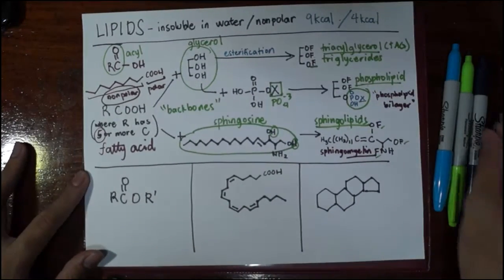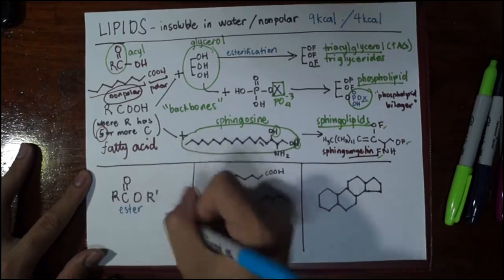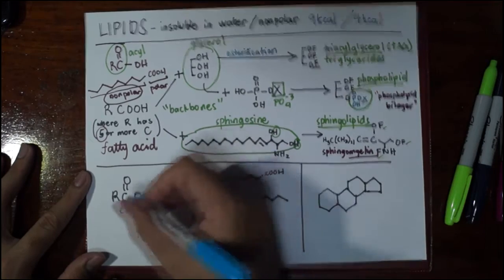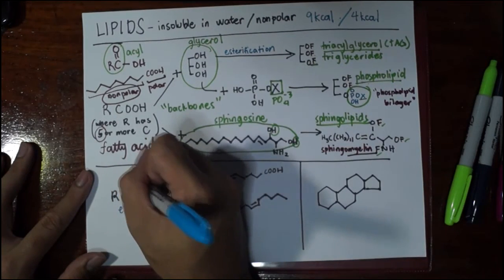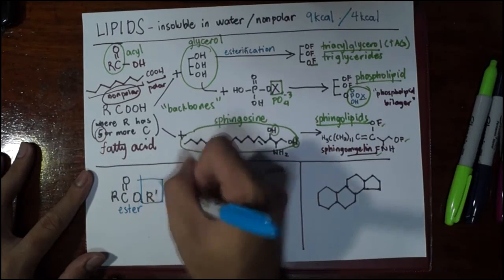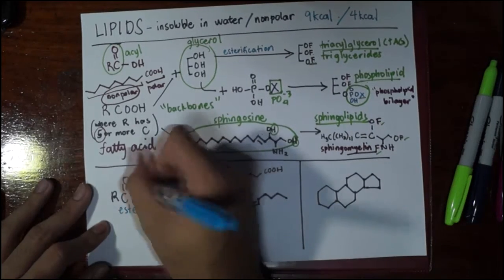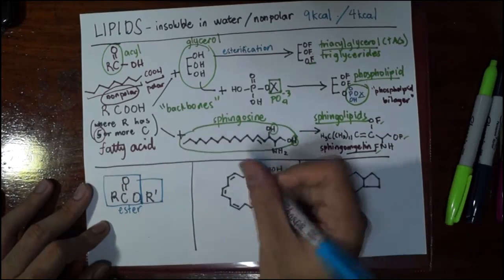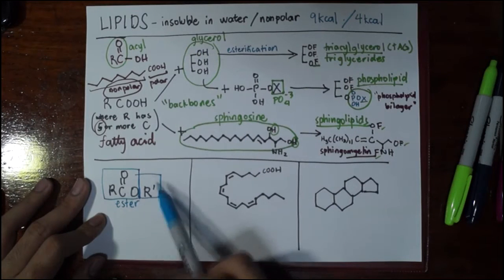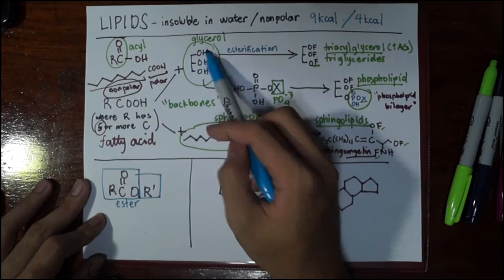Now this one, we know that this is the general formula of an ester, RCOOR prime, and if the ester we have here is a combination of a very long chain alcohol, such as this one, let's say something like 10 carbons or more, as long as it is a long chain, and the fatty acid, as opposed to glycerol and sphingosine, the alcohol that we have here is only monohydric, only one hydroxyl group, as opposed to this one, which is trihydric.